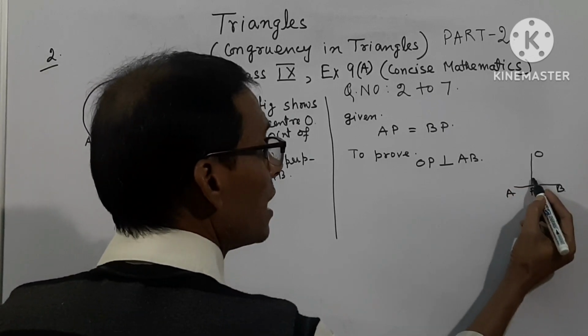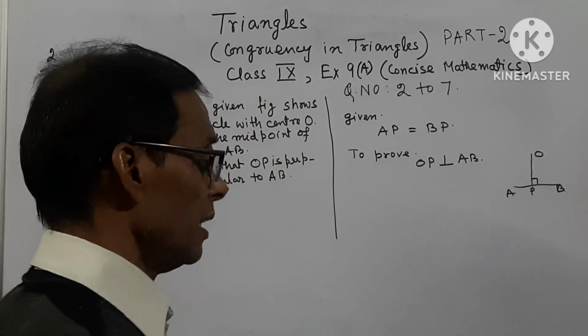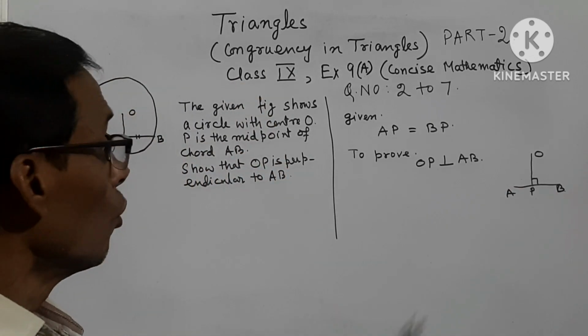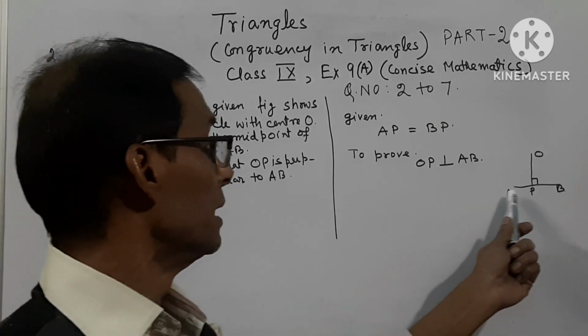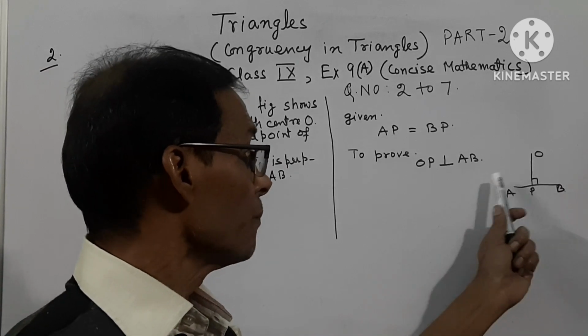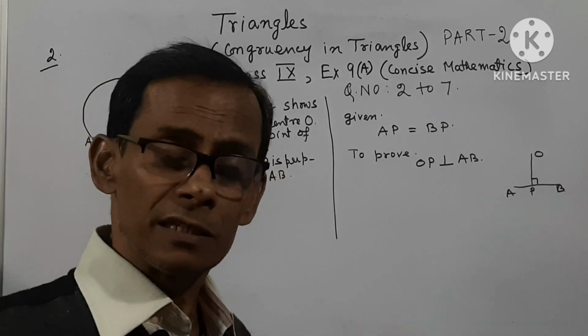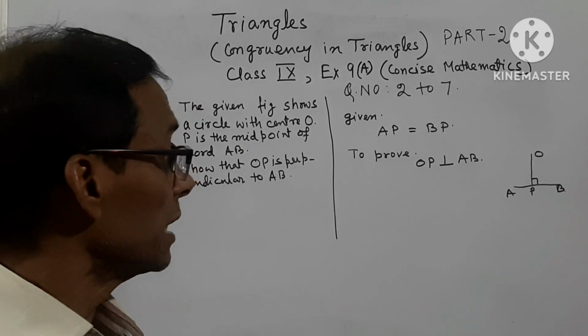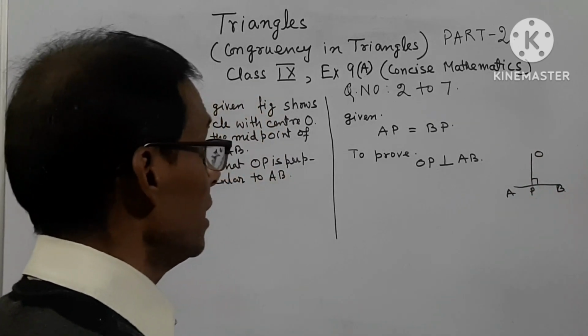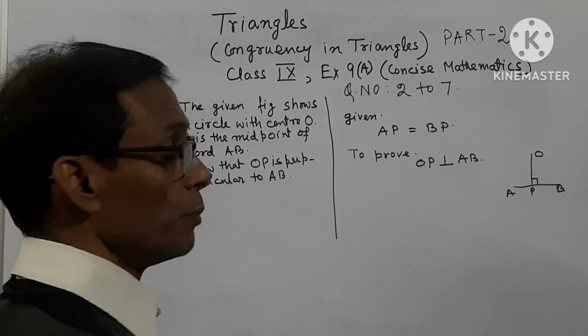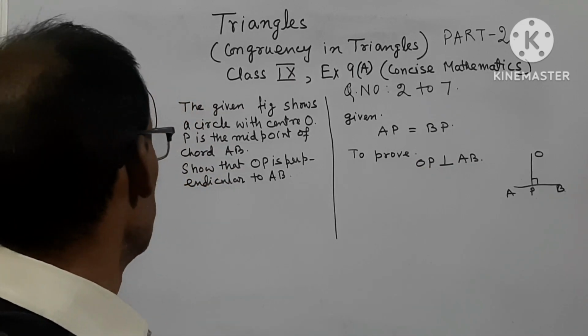If this angle is 90 degrees, then you can say that OP is perpendicular to AB. That means if OP is exactly vertical, that means OPB is 90 degrees, then you can prove that OP is perpendicular to AB.